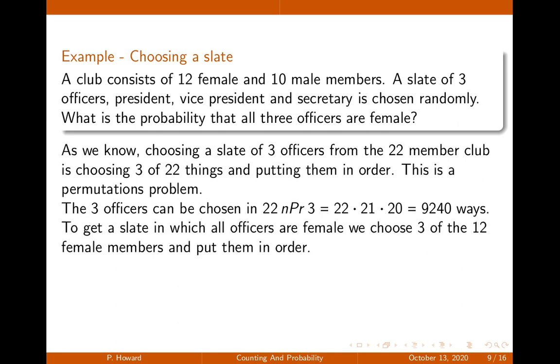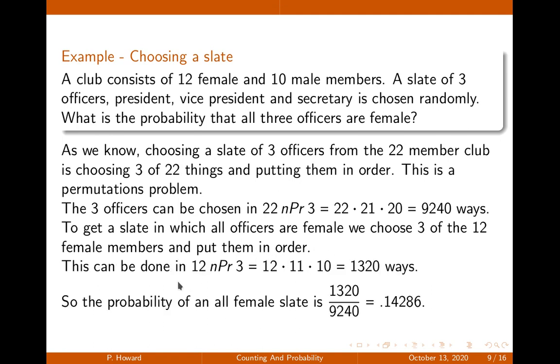Now we need to count the total number of slates in which all the officers are females. So to do that, we're choosing 3 of the 12 female members and putting them in order. This is also a permutations problem. Taking 3 of 12 objects and putting them in order is the number of permutations of 12 things taken 3 at a time.